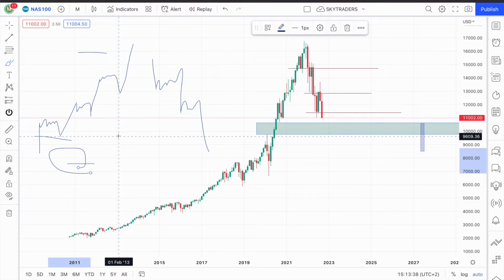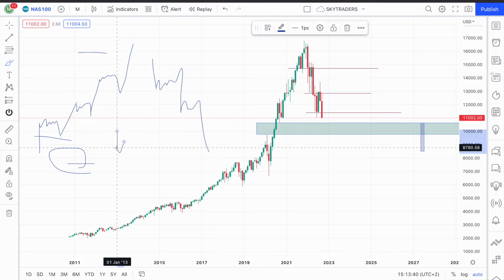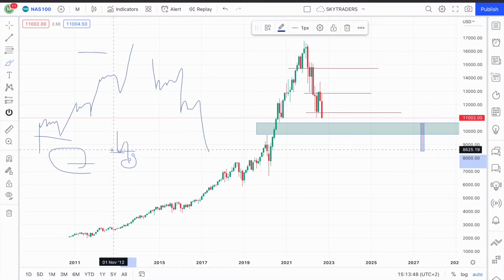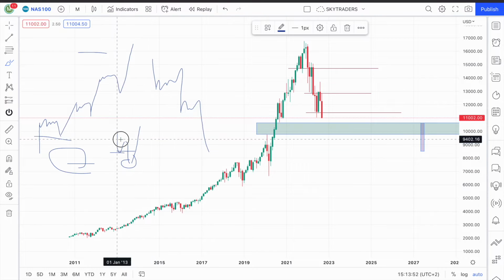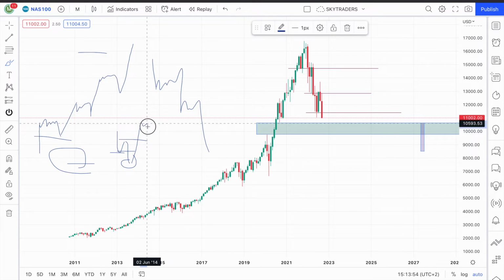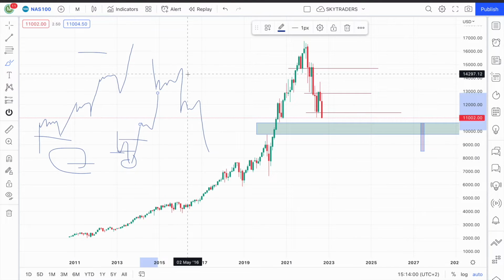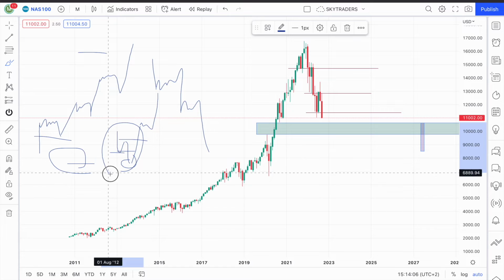In the first model, price tries to trade back to this level once, then breaks through this level, taking out all of the liquidity of the buy orders that were previously placed, then breaking this market structure, slight consolidation, then expansion. Then it continues in the expansion, consolidation, retracement, expansion until it reaches the next limit or the next level. This is the first model.